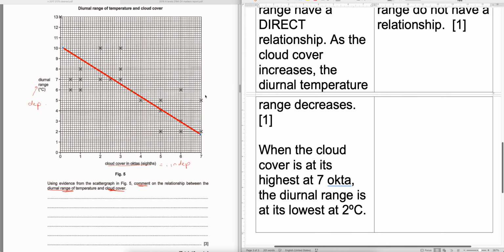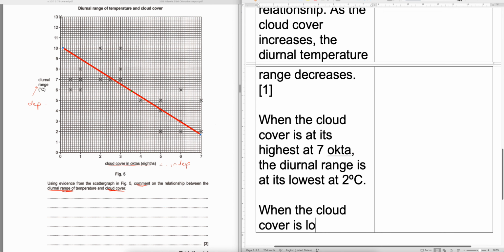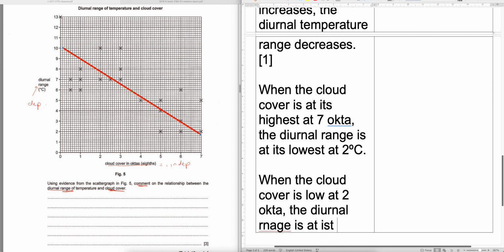When you give me the highest versus lowest, also give me the lowest versus highest. For example, when the cloud cover is low at 2 octa, the diurnal range is at its highest at 10 degrees Celsius.